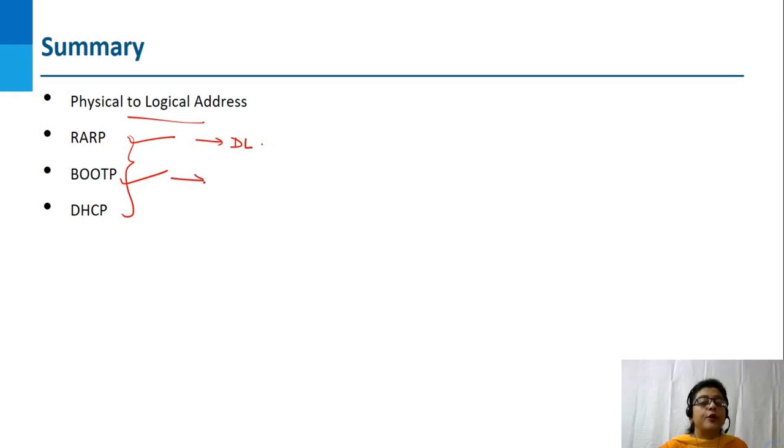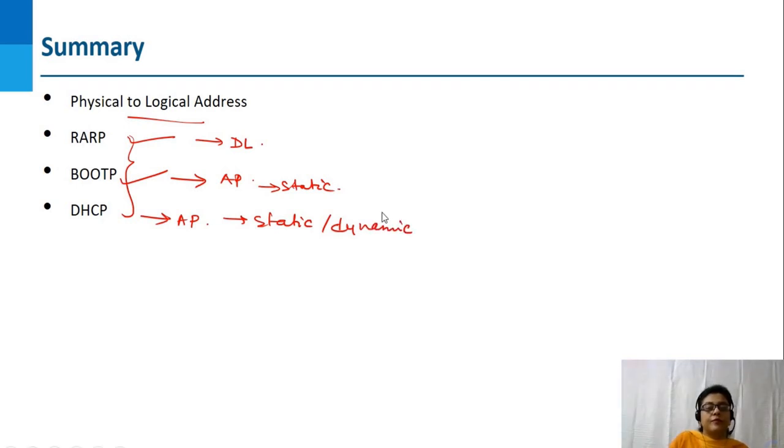This BootP protocol works at the application layer and is advantageous as compared to RARP. DHCP also works at the application level and it has advantages over RARP and BootP protocol. This BootP protocol is static in nature, and Dynamic Host Configuration Protocol can be static as well as dynamic. Thank you.